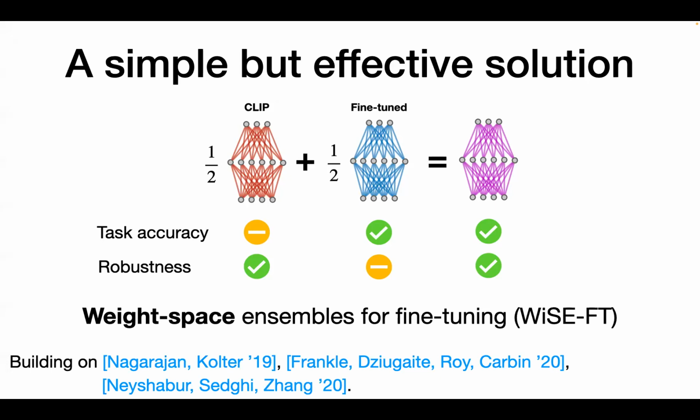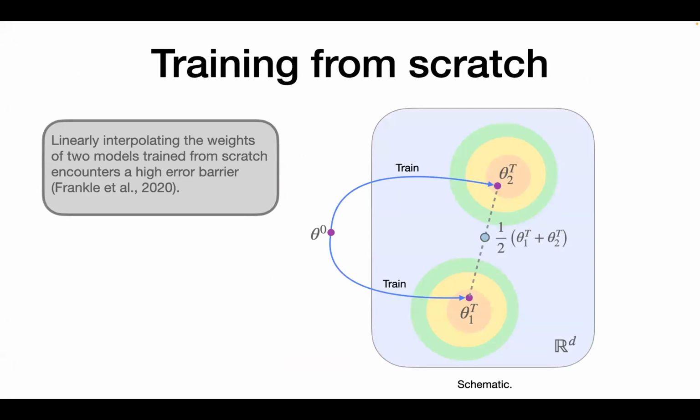Okay, so to be fair, Mitchell and Gabriel had some really good intuition from prior work on the loss landscape of neural networks. Specifically, what researchers had studied is, when can you linearly interpolate between the training outputs of SGD starting from a certain starting point. And what people had observed is, if you start from a random initialization and then you do two independent training runs, then you have a loss barrier.